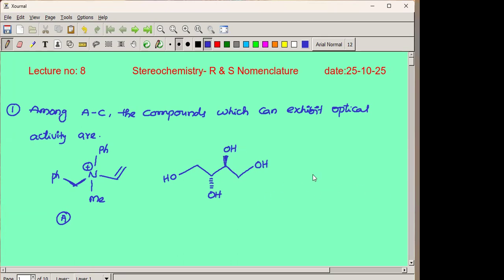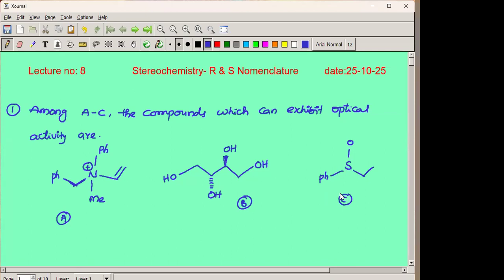This is molecule B. The third molecule is C. Here the sulfur moiety is there, a sulfur-containing molecule with oxygen, a phenyl ring system, and an ethyl group. Which of the following, among A to C, can exhibit optical activity?